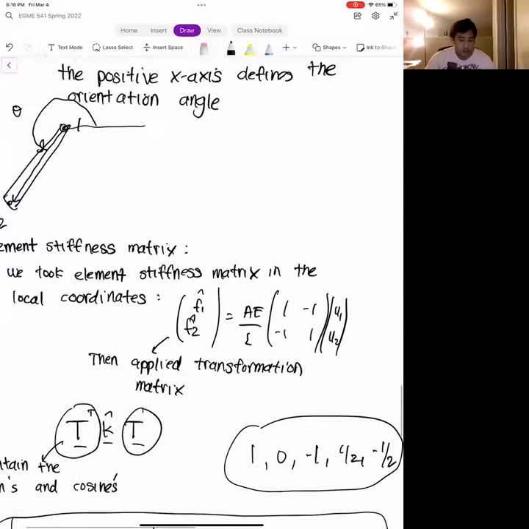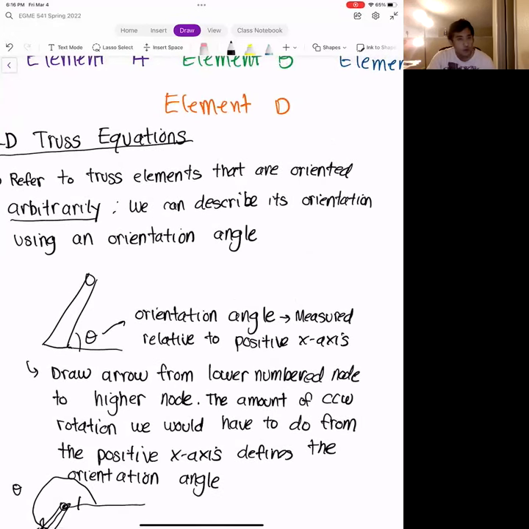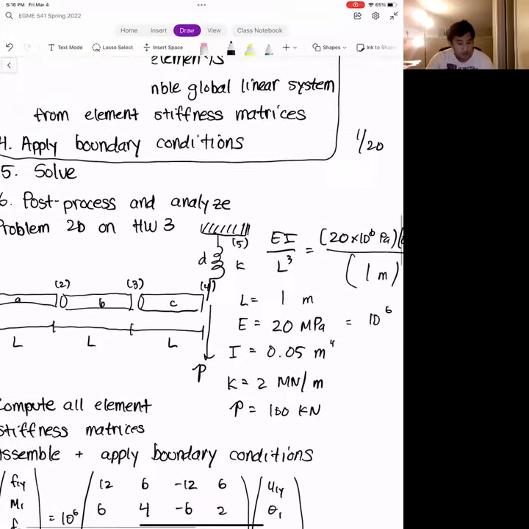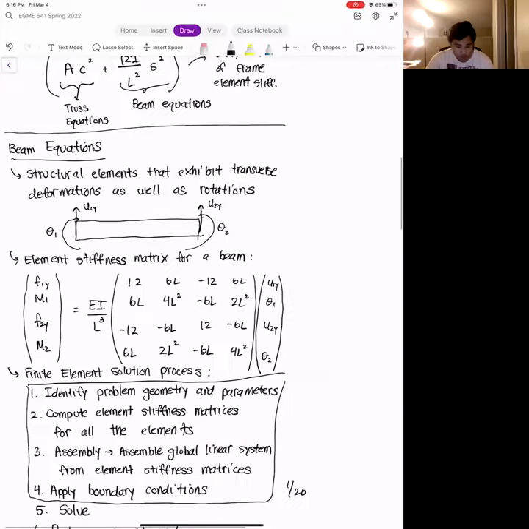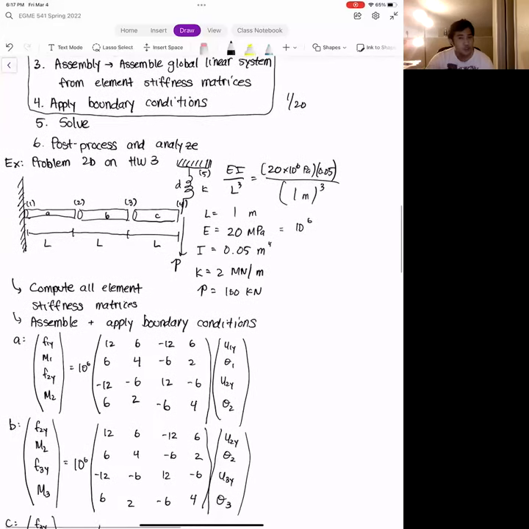Okay, and so I think that's all that I have to say about trusses and beams and frames. The rest of it is just going to be practice, so make sure you're doing practice problems. Make sure you redo the homeworks. If it helps, one thing you can do is the same thing that I did for this example up here, where I took a problem that we've already done on the homework, but I just changed the numbers up.